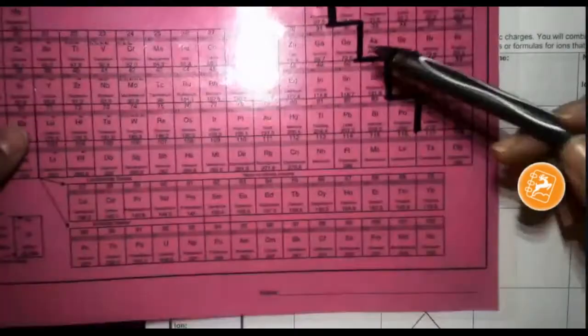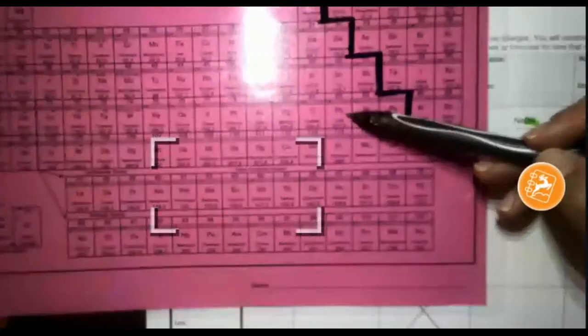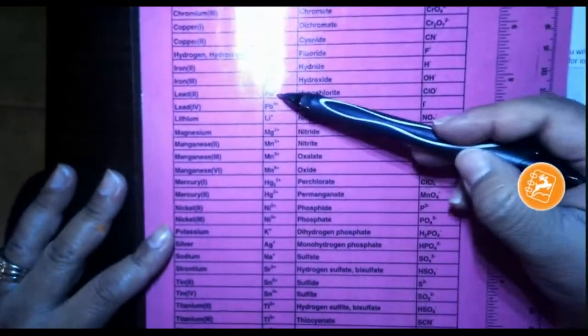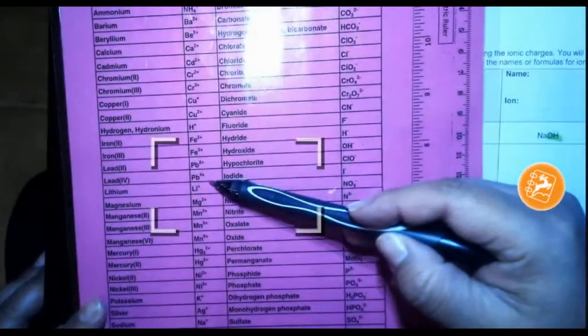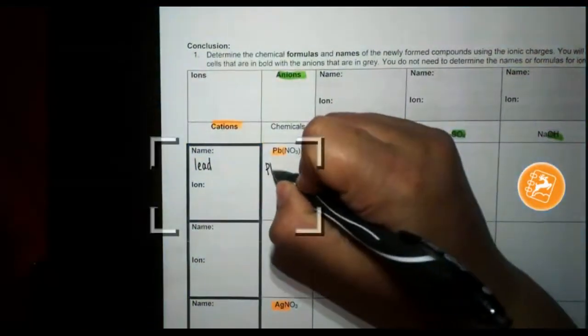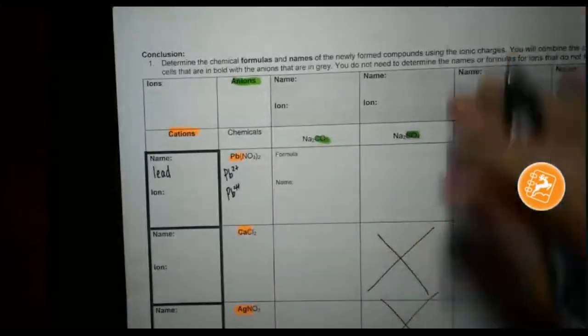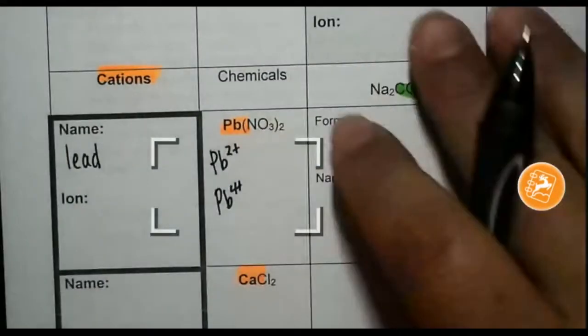Here's Pb, but I know back here that lead can be Pb2+ or Pb4+. So I've got to figure out which one it is. I know that it is with nitrate.